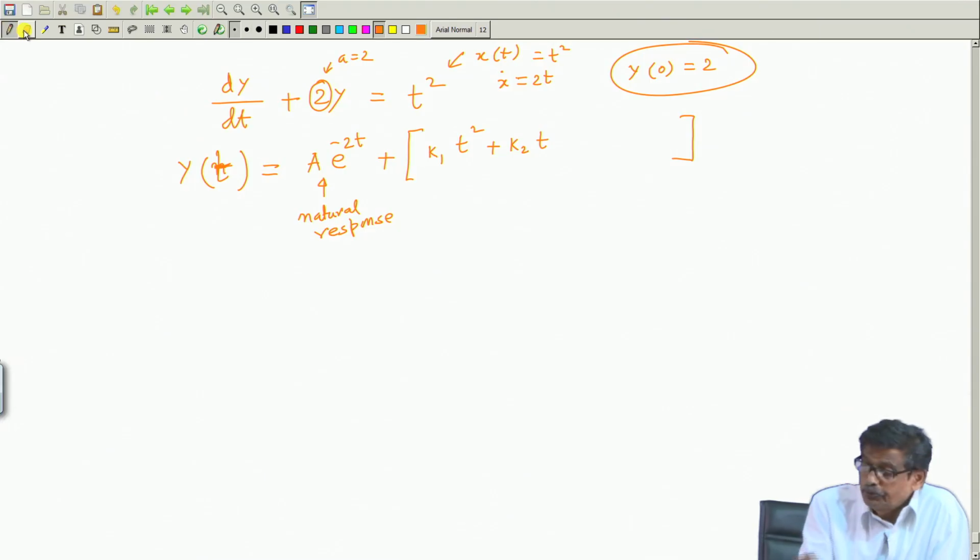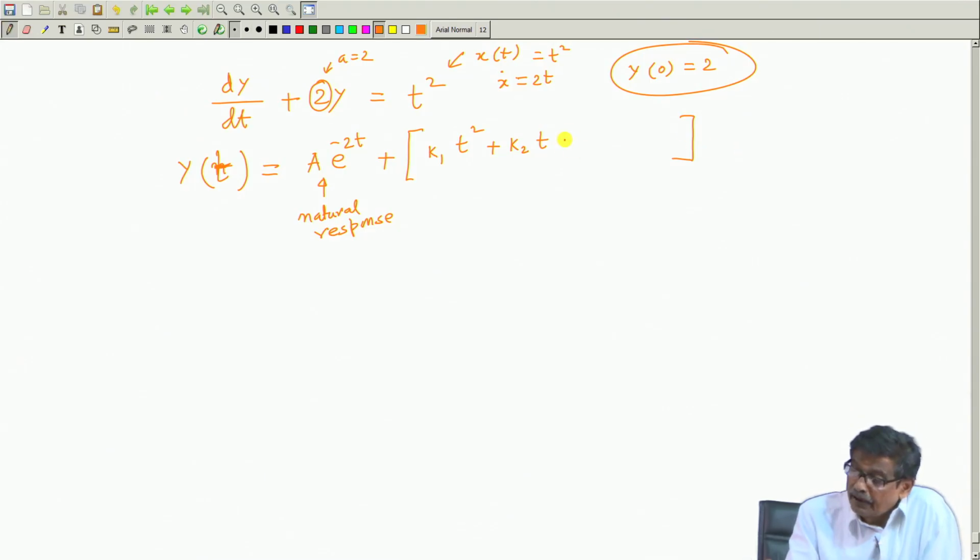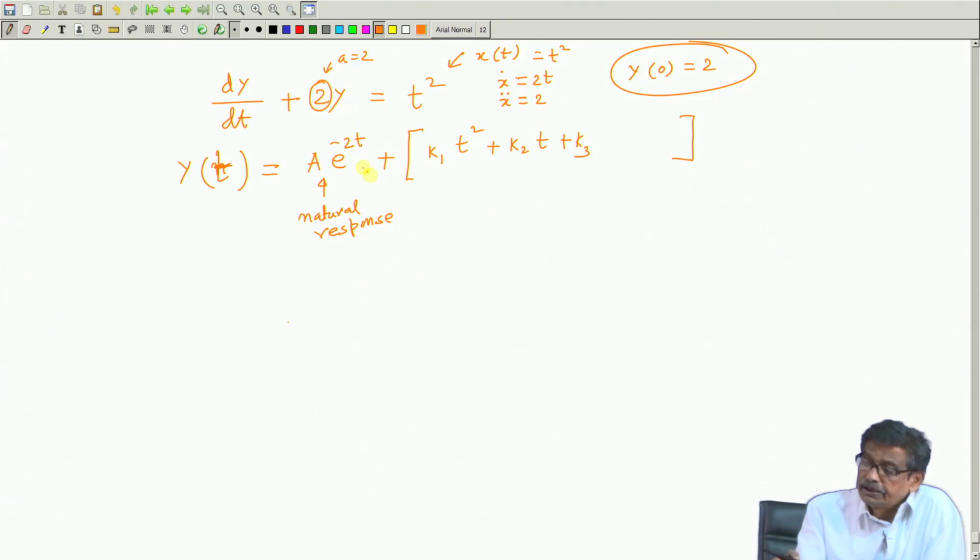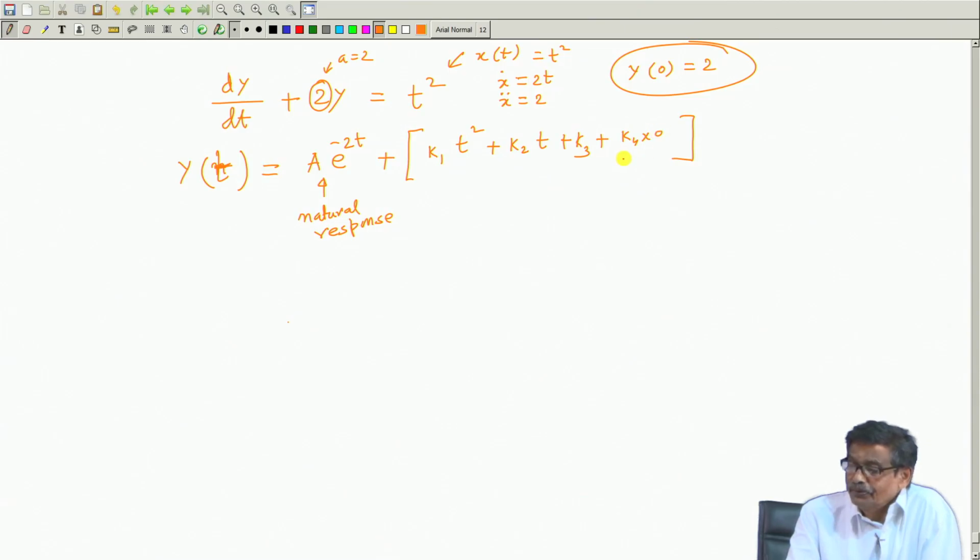Plus, because I have to go up to infinity, plus k3 into x double dot, which is equal to 2, d2x/dt2. So k3 bar into 2 is k3. Plus k4 into x triple dot, which is 0, then k5 into 0.